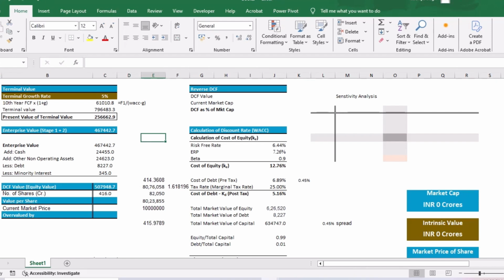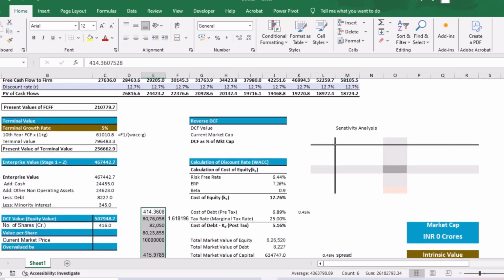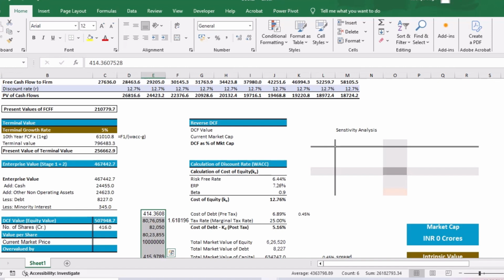Non-operating assets are our investments or other assets that are not directly used in the core operations of the business. We are adding back those assets because the income arising from these assets was not included while performing our DCF. We have not included other incomes over here. That's why we are directly including our non-operating assets at the end to find the equity value.